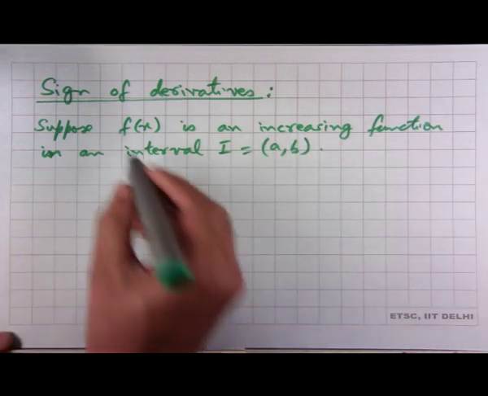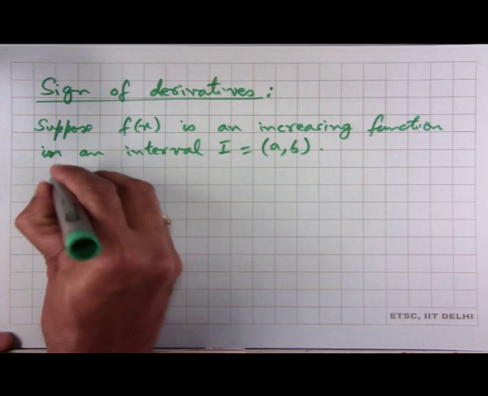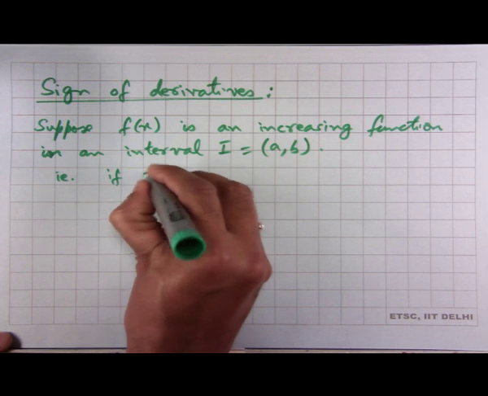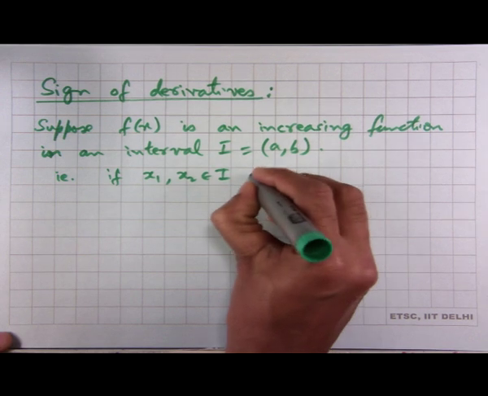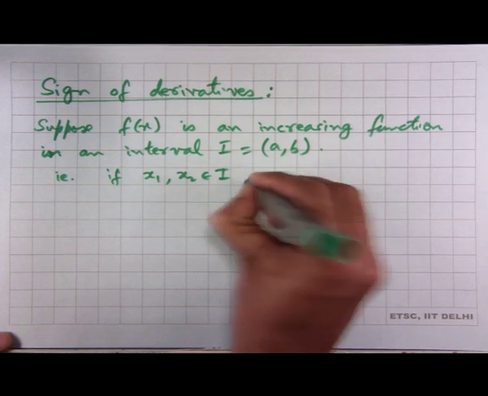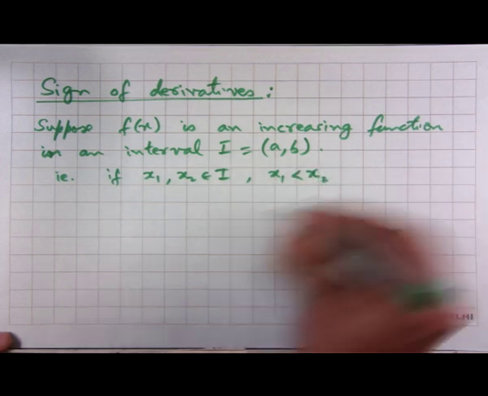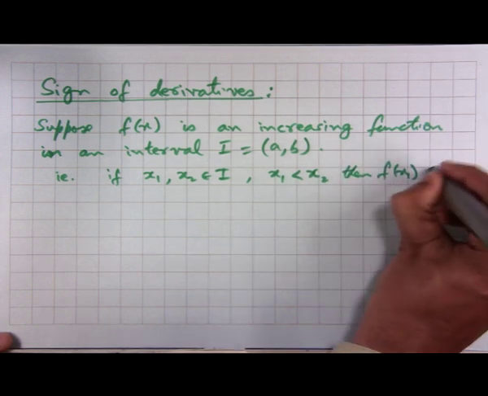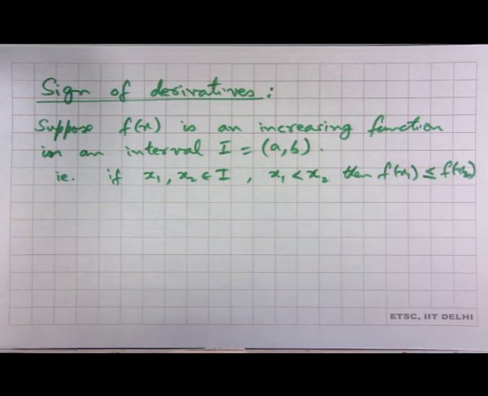So, what does this mean? That is, if x 1, x 2 belongs to I and x 1 is less than x 2, then f of x 1 is less than or equal to f of x 2. So, this we call increasing function or non decreasing function.